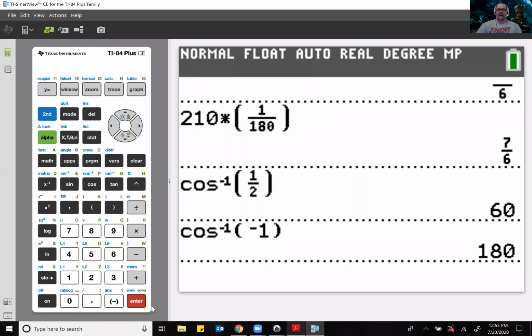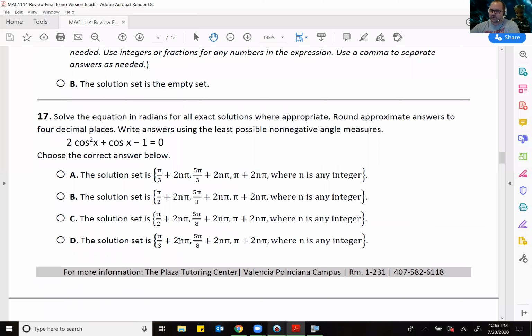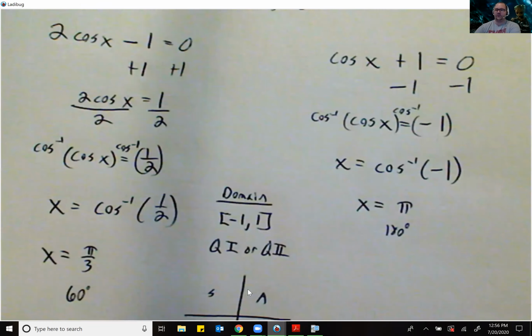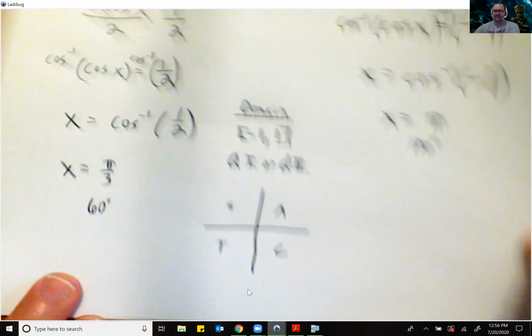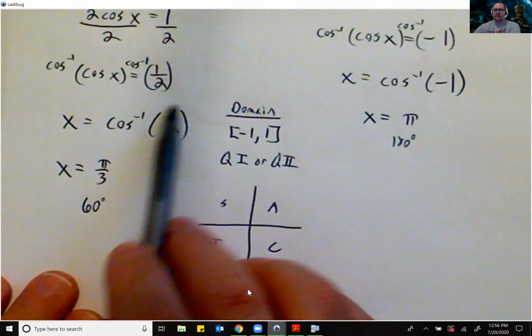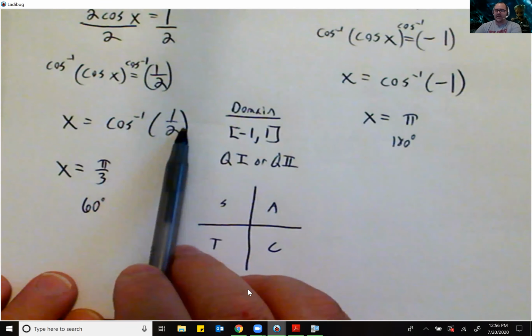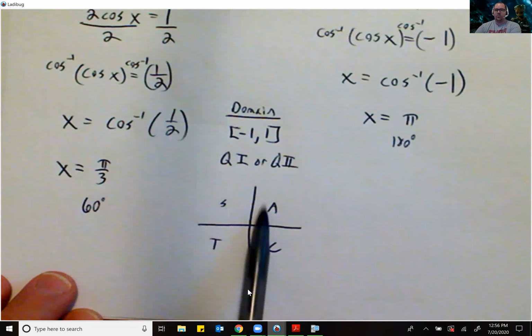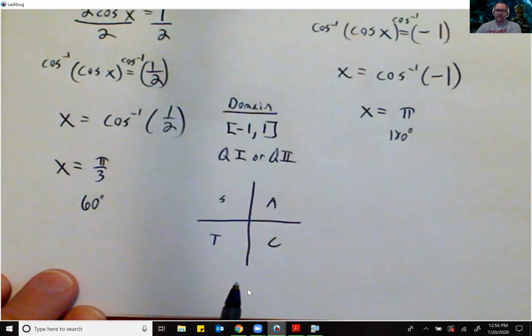So let's talk about the 60 degrees. So again, all students take calculus. We are trying to find when cosine is a positive 1/2. So we are dealing with when cosine is positive. Well, we already have quadrant 1. Where is the other quadrant that cosine is positive?